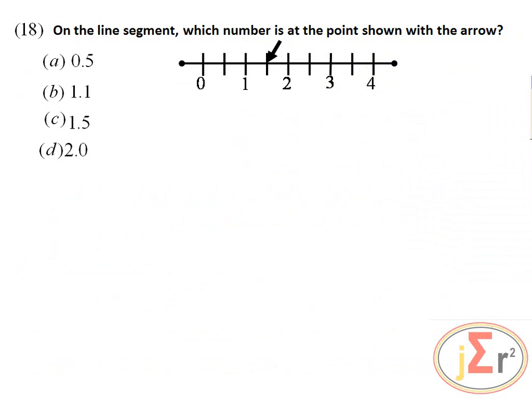On the line segment, which number is at the point shown with the arrow?